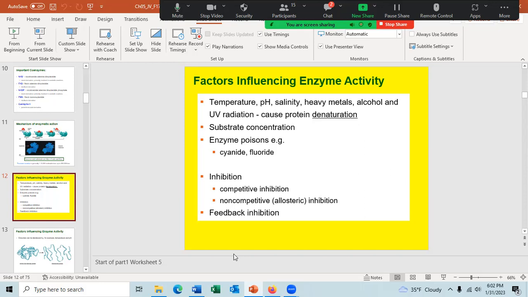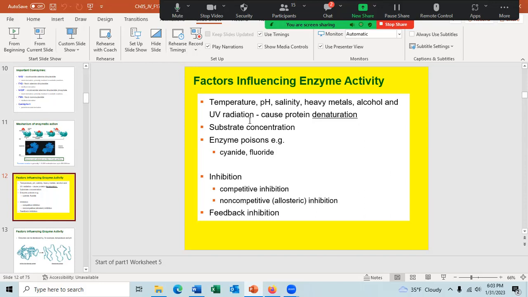And with temperature and pH and salinity, when you're close to the correct temperature, the enzyme will work, just not as well as at the correct temperature. And the further you get away from the correct temperature, the less the enzyme will work, until you get to a certain temperature that's so far away, the enzyme will no longer work.